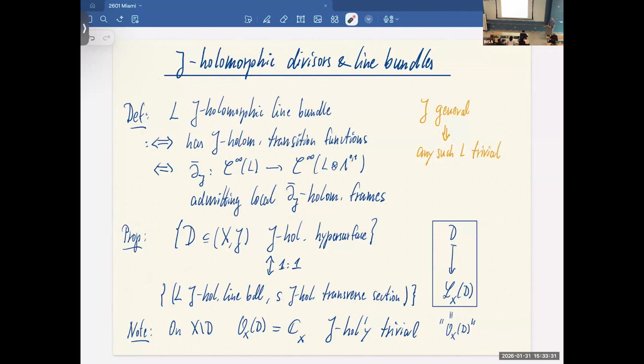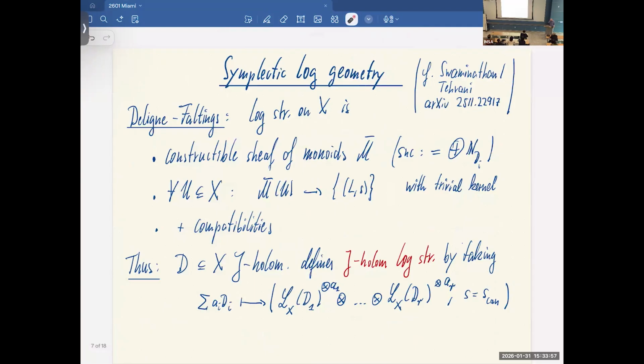So on X minus D, just as in algebraic geometry, this L_X(D), now I wrote it wrongly, I promised I would write L, is just plainly trivial. It could have more sections locally, but the canonical section is just constant 1 in the distinguished trivialization.